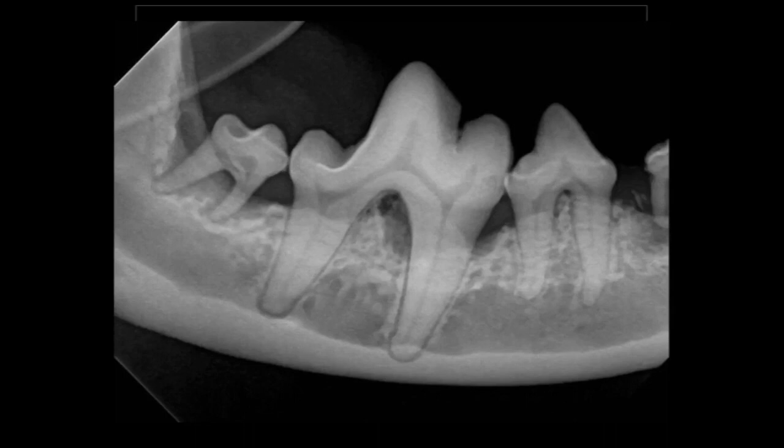Number one is if you cannot alter that and prevent the progression of it, then that's going to be an extraction. So that tooth on the left falls into that category. You can't alter that. You're not going to be able to save that tooth. It's too far gone. But this one, there's a possibility that you can.